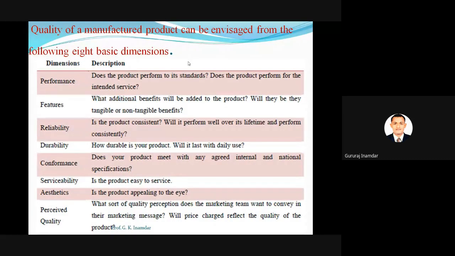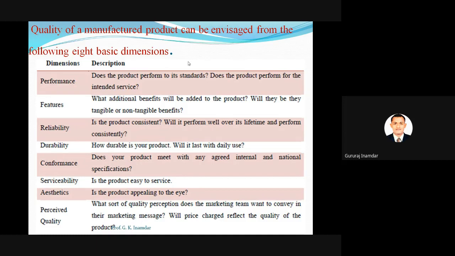Okay, so according to the customer, some people will look at the look and some will not. Okay, so we have to handle both customers. Okay, so the aesthetic look of your product should be very important. Is it right? So these are additional factors required for quality. What we saw: performance, features, reliability, durability, conformance, serviceability, aesthetic, perceived quality.